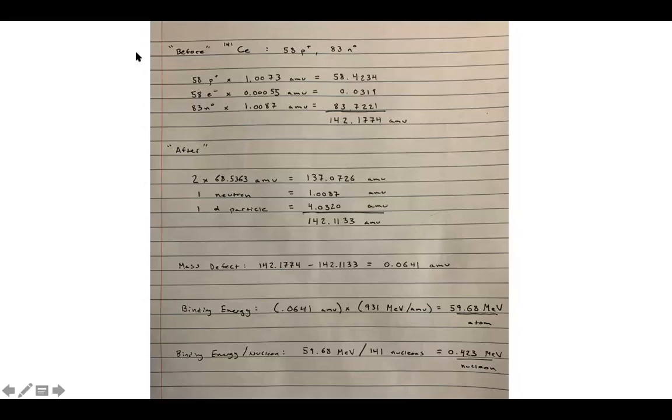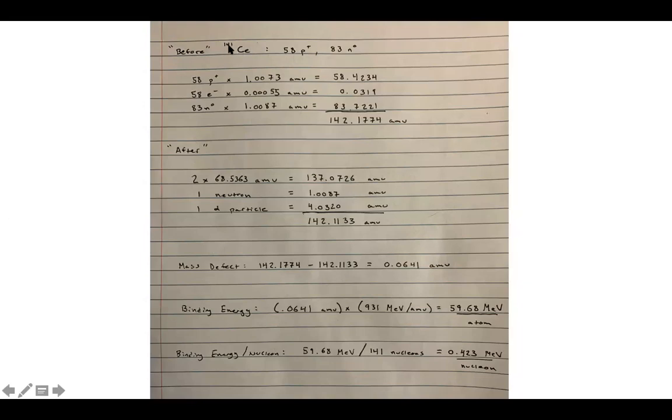So for binding energy calculations, you're going to want to split up this problem into before and after. On the before section, we're going to focus with our parent nucleus, which is Ce-141. Now Ce has, again, by definition, 58 protons.